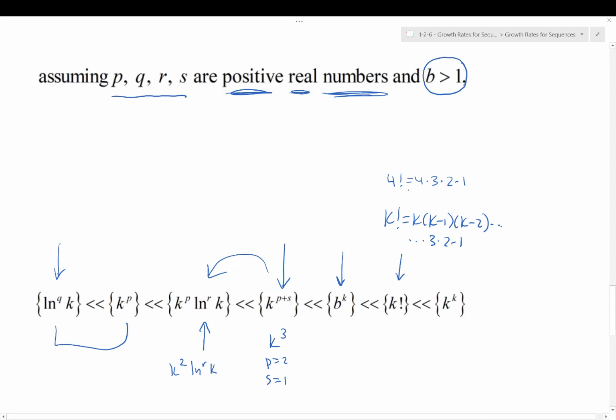So what is that? In this case is 24. But what about 5 factorial? As you increase the index k, you're going to multiply the previous term by the next k. So 24 times 5 for 5 factorial, 24 times 5, right? 120.